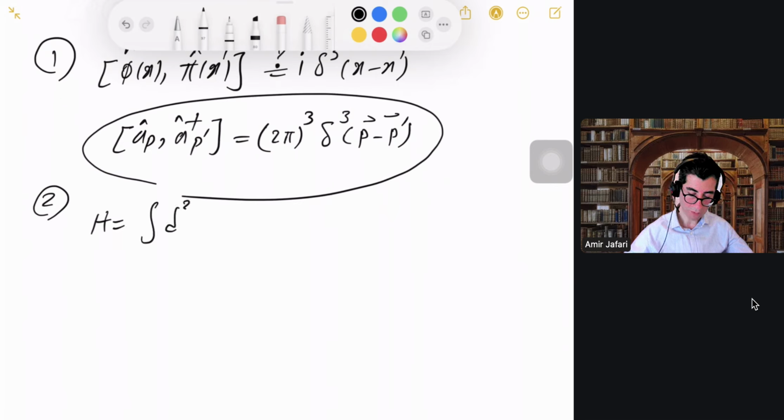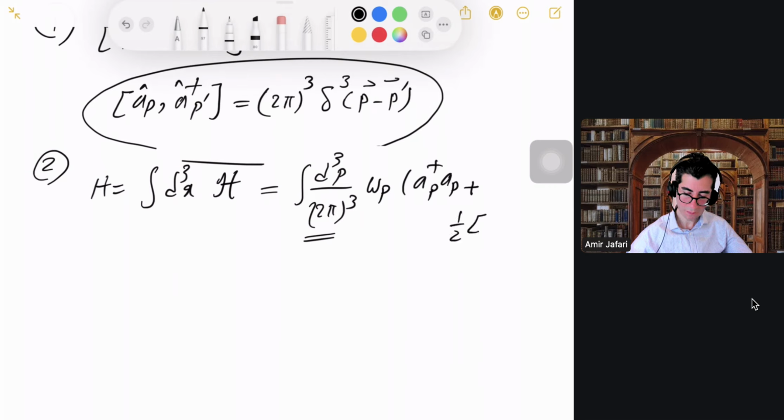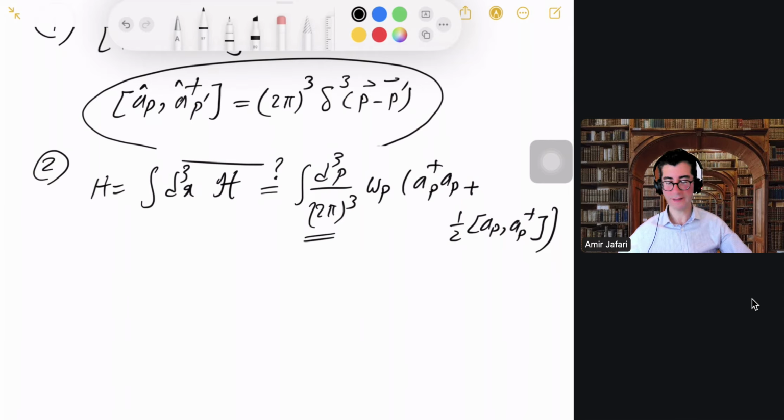So show for the next time that you get this. Let's write it this way: 2 pi cubed. Again, I don't write these 2 pi's. I don't care about them for now, but you can write them. a dagger_p a_p plus a_p a_p. Okay. Try to get this. This is another exercise if you like. I'll do these calculations in a separate section. I talked about this, but please do them yourself.